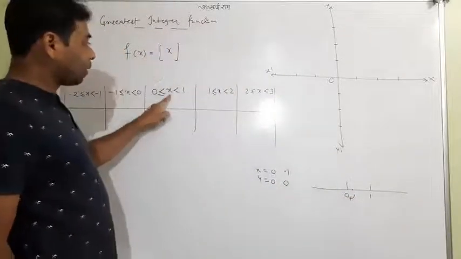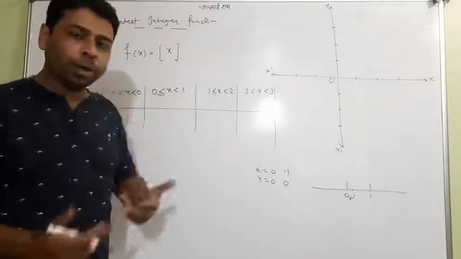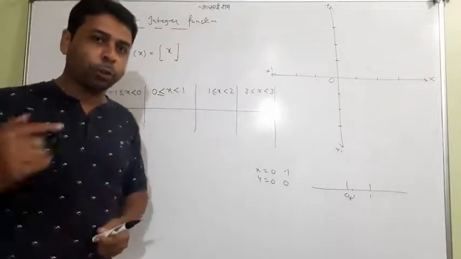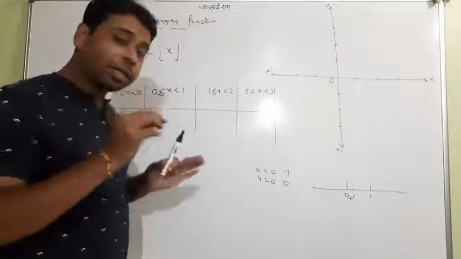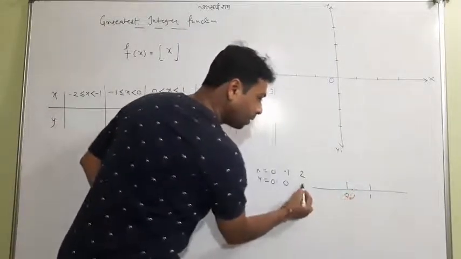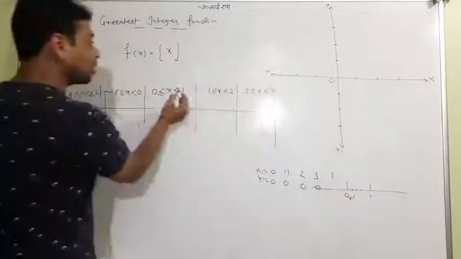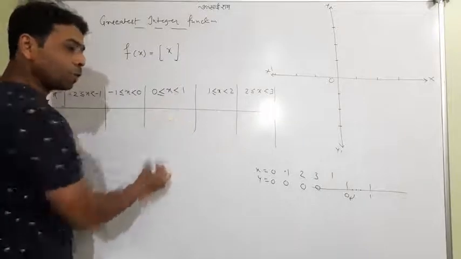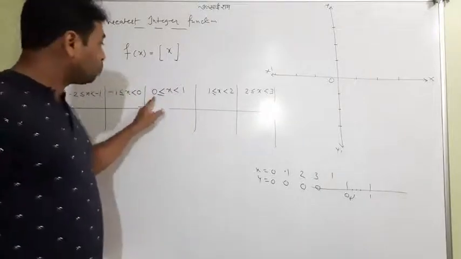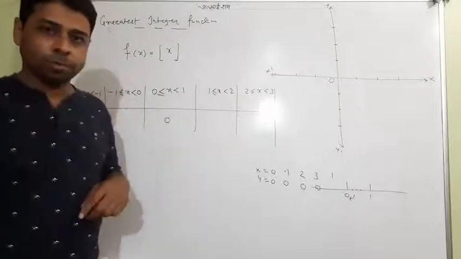Again, go to x equal to 0.2. From 0 to 1, what values does it contain? 0.1, 0.2, 0.3, 0.4. So the interesting thing is, when you put 0.2, again the answer is 0, 0.3 again the answer is 0, till 1, which is not included, the not equal to sign is here. From 0 to 1, all values give the answer 0.